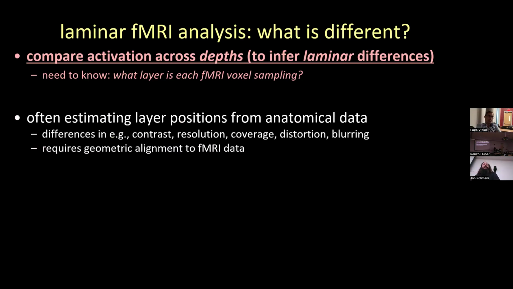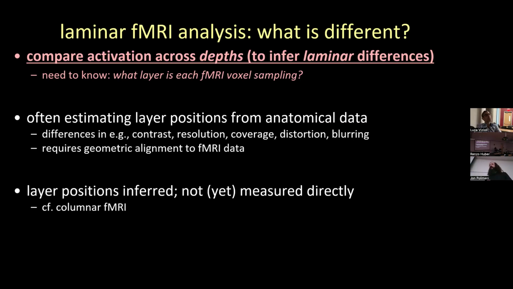Again, we're often inferring or estimating layer positions from our anatomical data. And so, of course, there are going to be differences between the anatomical data and the functional data in terms of contrast and resolution. So it requires really careful geometric alignment of the fMRI data to the anatomical data where these layers are being defined. But again, the layer positions are inferred from these anatomical data. They're not measured directly.